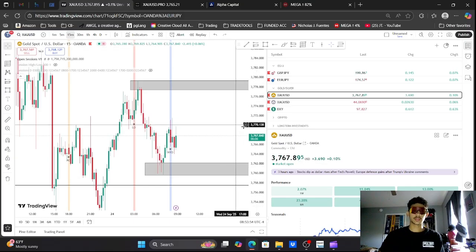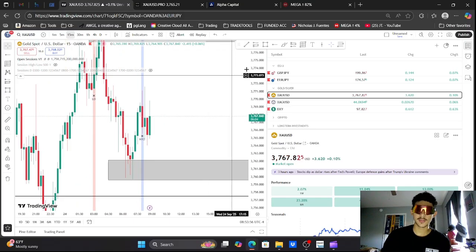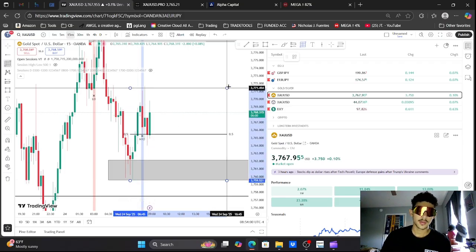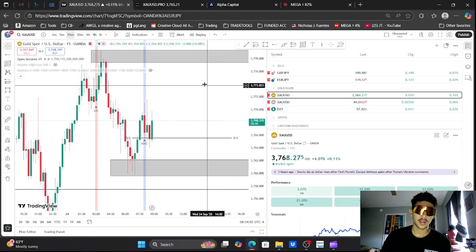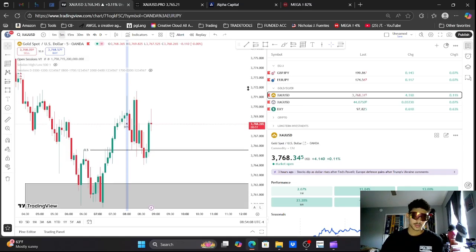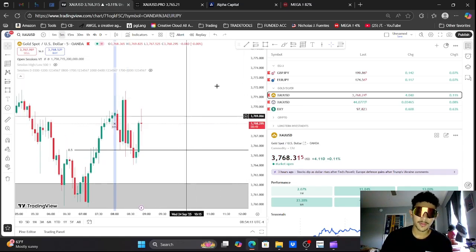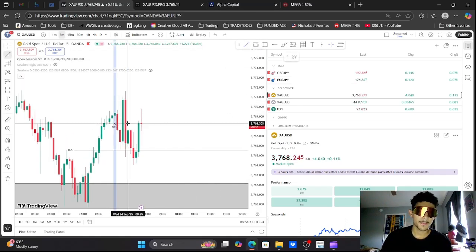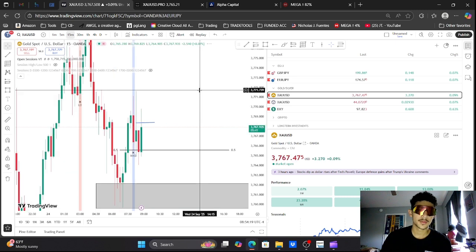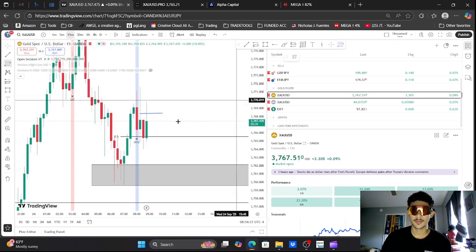See what gold wants to do. Gold came down into this 15-minute imbalance. Yeah, we're reacting off of it. See what the 5 minutes doing. We got a possibly a 5-minute break right here. Let's go back to the 15-minute.